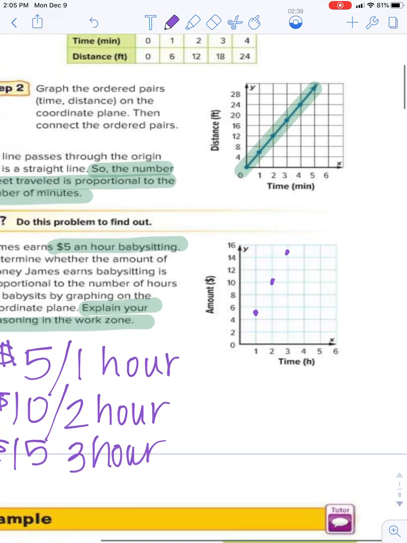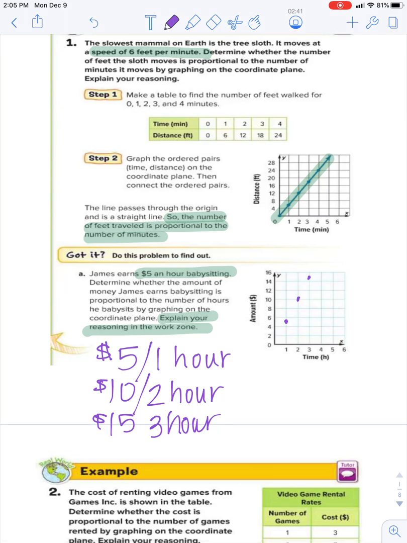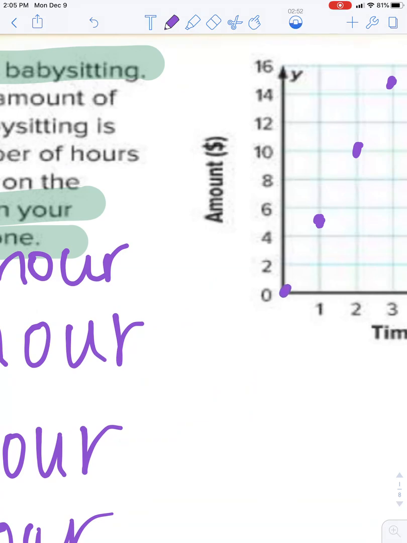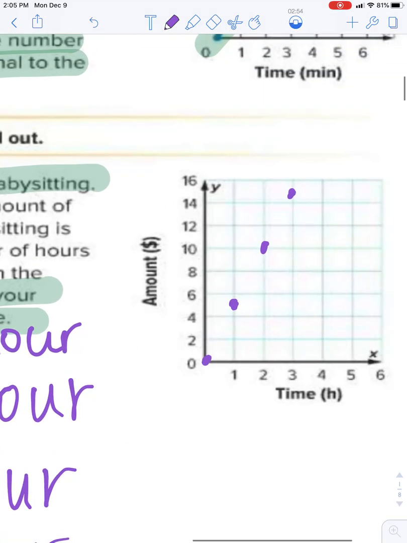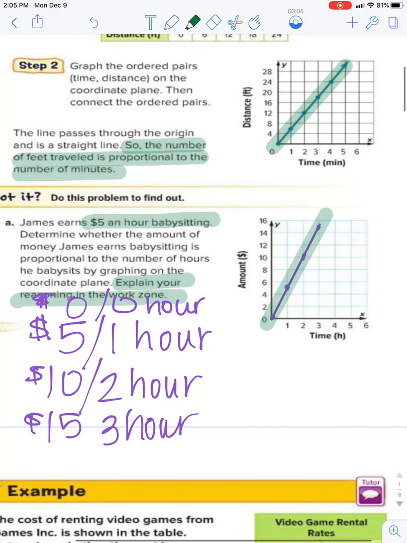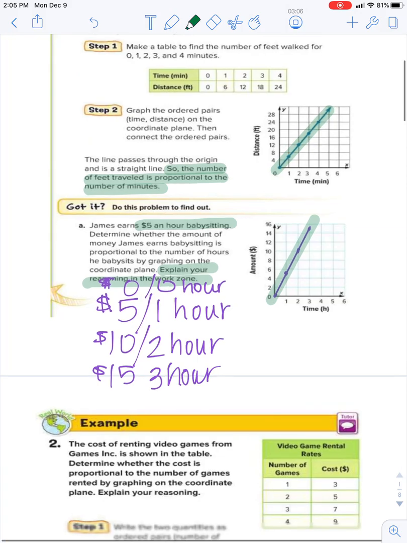We have yet to graph a pair at 0, 0, but we would need to go backward per se. If he did not babysit at all, he would earn $0. So if we graph that, that line is passing through the origin because we have graphed the coordinate pair 0, 0. So it is proportional. For every 1 hour that he babysits, he earns $5 more.